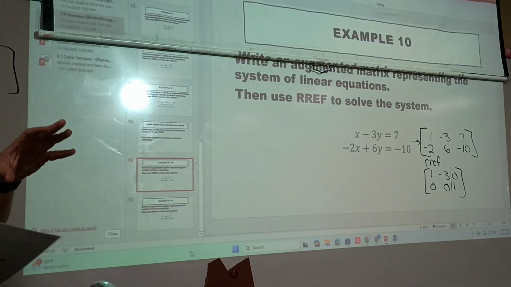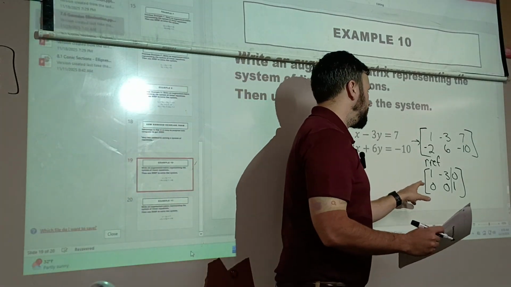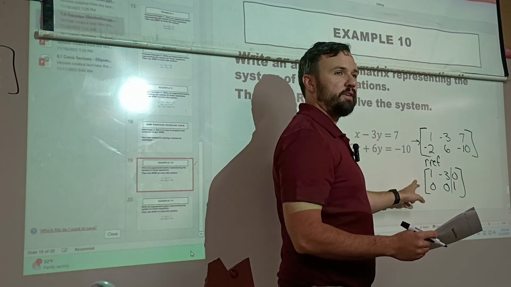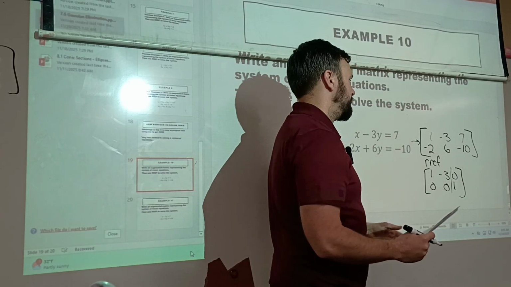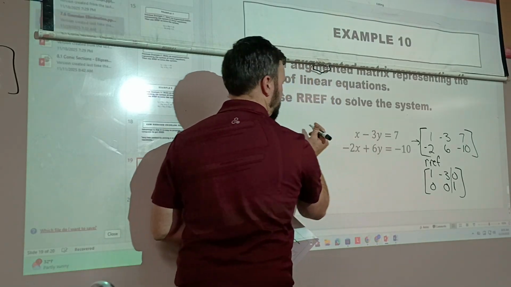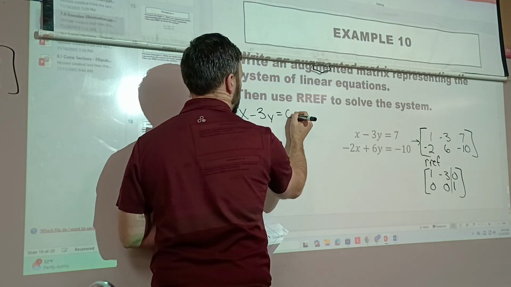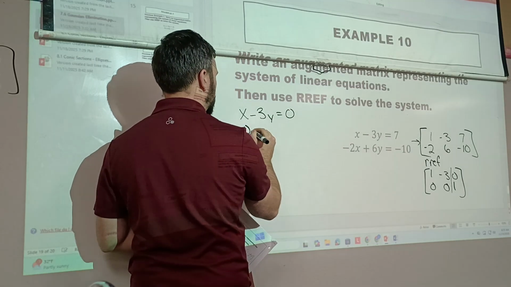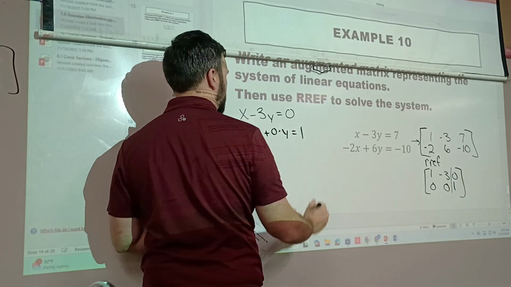So remember, matrices are used to represent real equations, okay? I'm going to rewrite this back into this form. What this is telling me is x minus 3y equals 0. And 0 times x plus 0 times y equals 1, right?